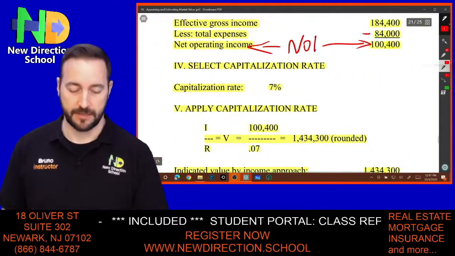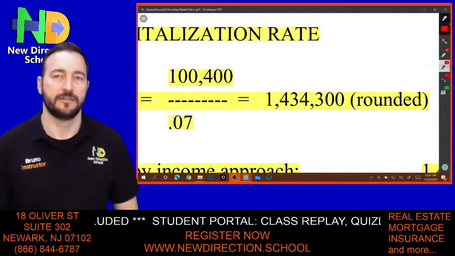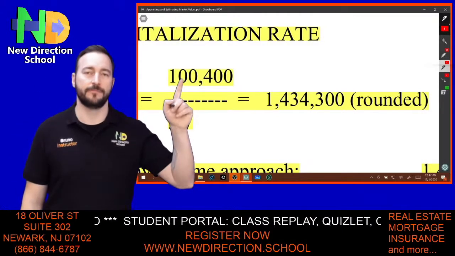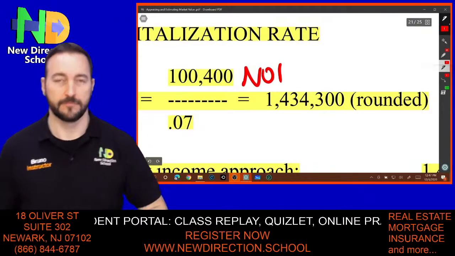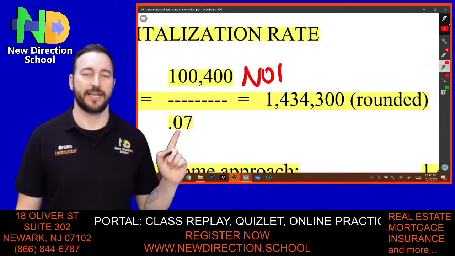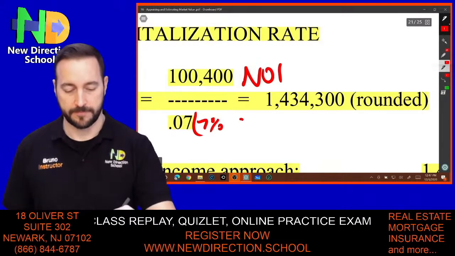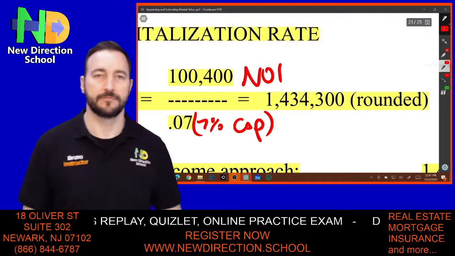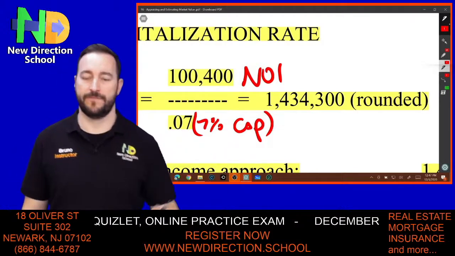So the way we figure this out is simple. It's the IRV formula. The IRV formula is income, NOI, divided by cap rate, which is that 7% cap, right? So income divided by cap rate equals value.